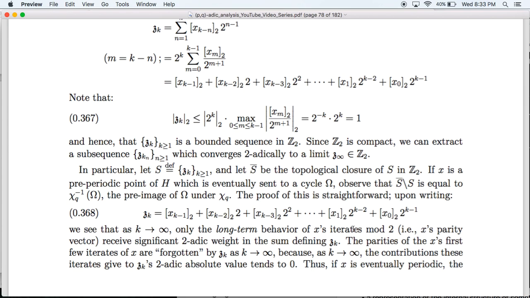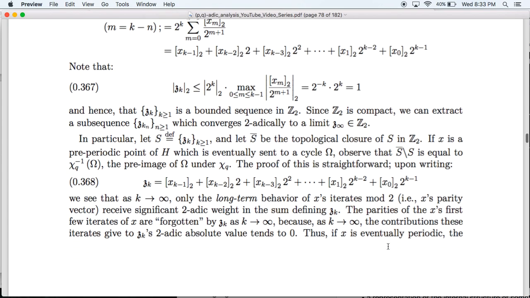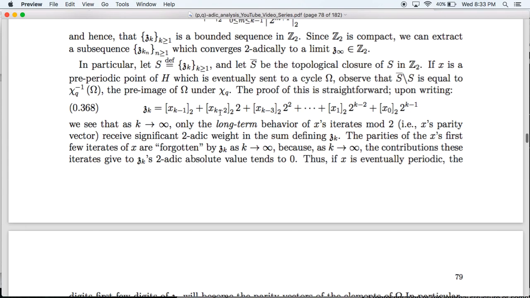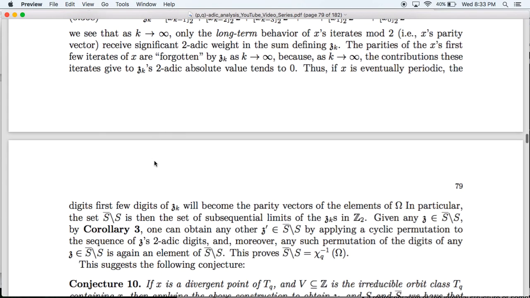And so, in other words, the parities of x's first few iterates will be forgotten by z_k as k goes to infinity, because the contributions to z_k from those first few iterates will decay to 0 2-adically. In particular, if x is eventually periodic, then the x_k's will eventually become periodic, and so z_k's digits will eventually become periodic.